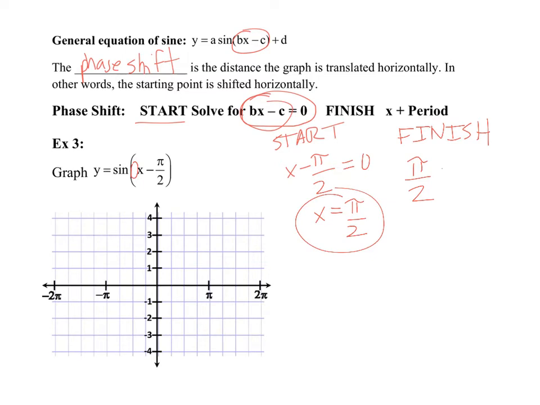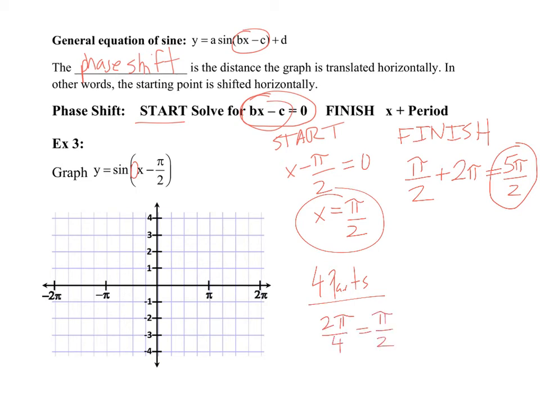So I just add on the normal period length, which is 2 pi, and simplifying that, I get 5 pi over 2. So that's my start, that's my finish. If I need to divide the graph into 4 parts, I get 2 pi over 4, which is equal to pi over 2.